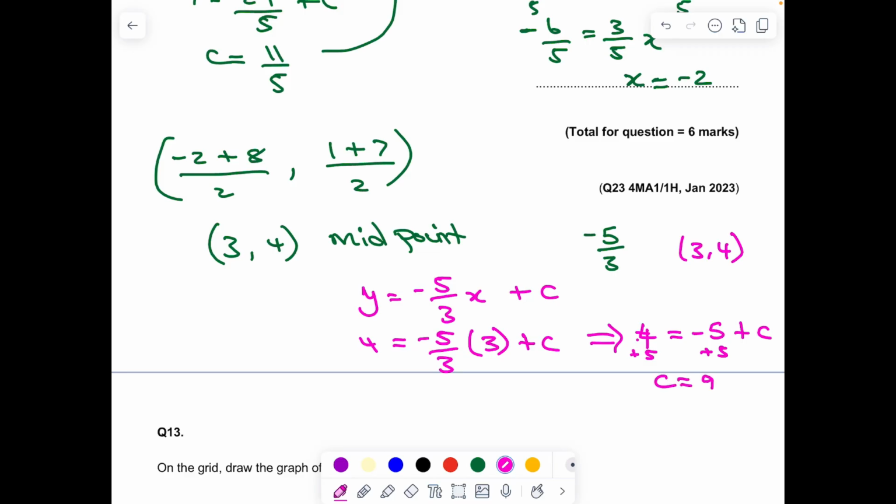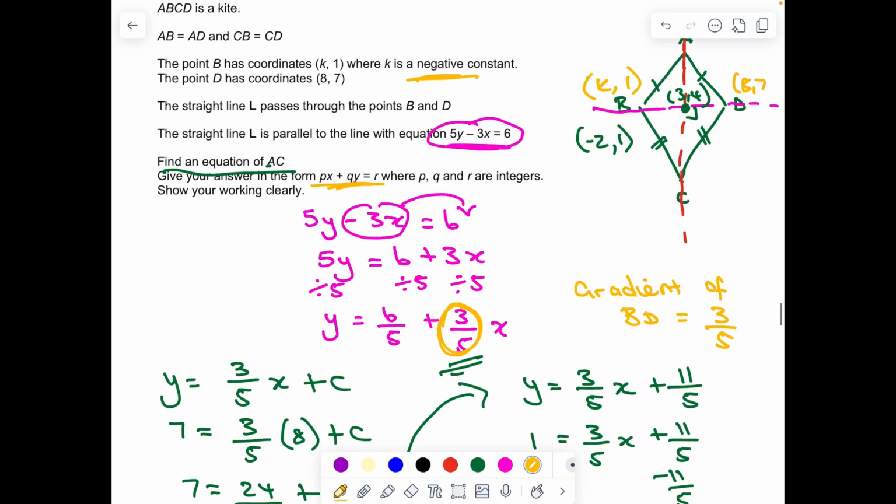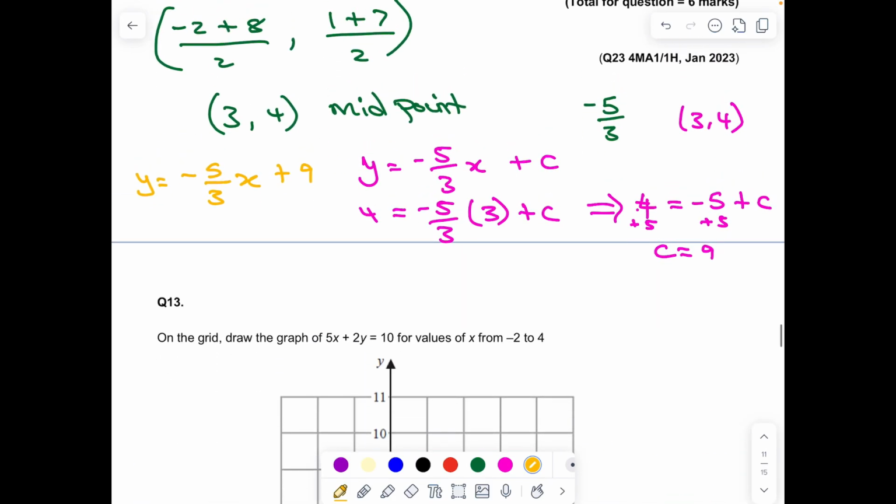Okay, we're almost there. This one was a tricky question. So y equals minus 5 over 3x plus 9 is almost your final equation, but they did say here that they want you to write it in this form. So they want something times x plus something times y equals a number. Okay, so we're going to have to rearrange what we've got here.